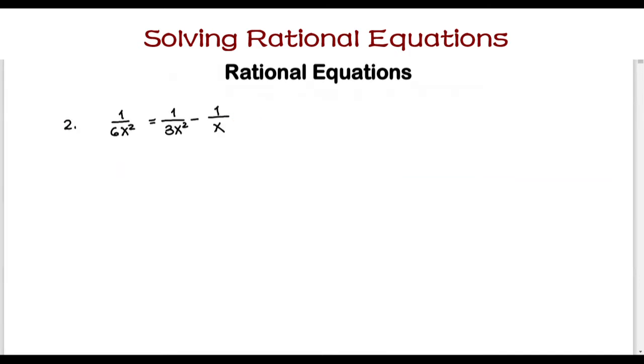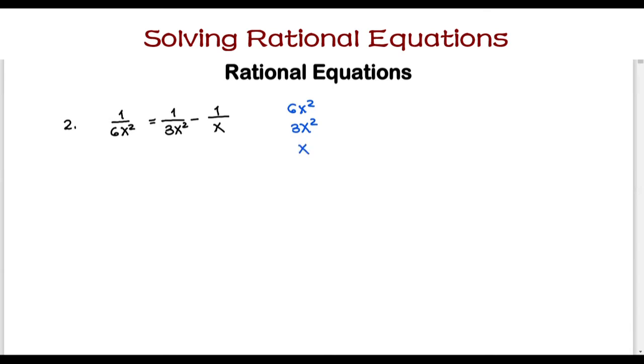Okay, so this is the second example. First thing first, tingnan muna lahat ng denominators and then make sure hindi sila mag-equal sa 0. Asa na mga denominators? Okay, eto, 6x squared, 3x squared, at saka x.